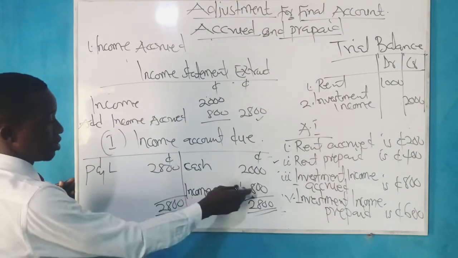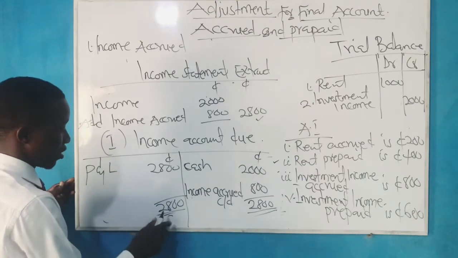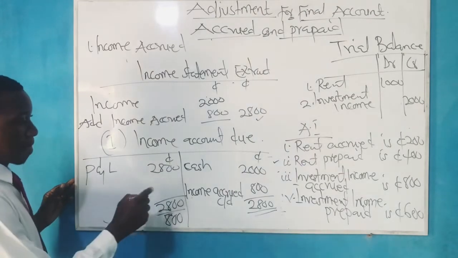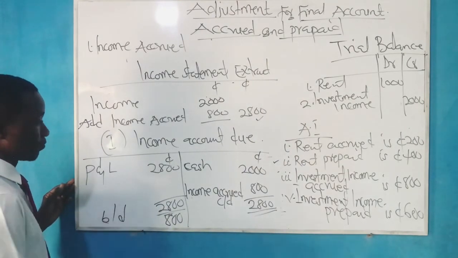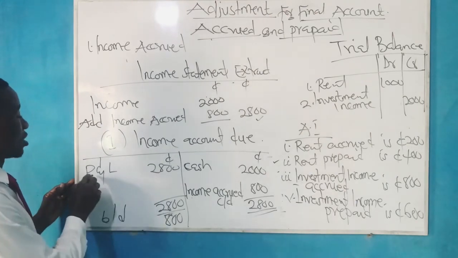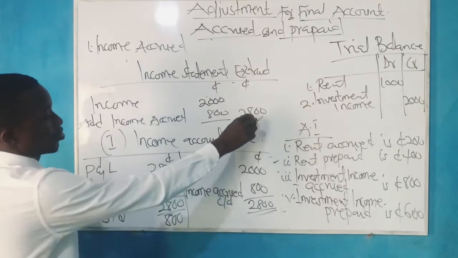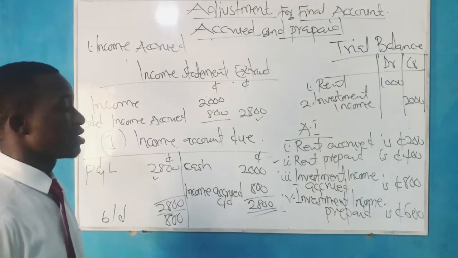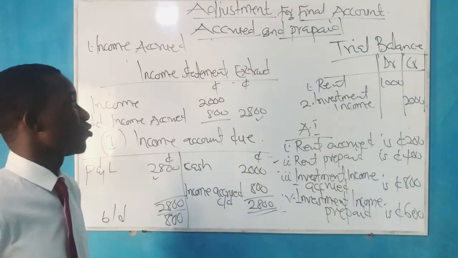And this balance CD will come here, 800 rather. This 800 cedis will be here as balance BD. You can see we are reporting the 2,800 to the income statement. That is why you can also see it here. Okay, so this is how an investment income owing, or investment income in arrears, is treated.